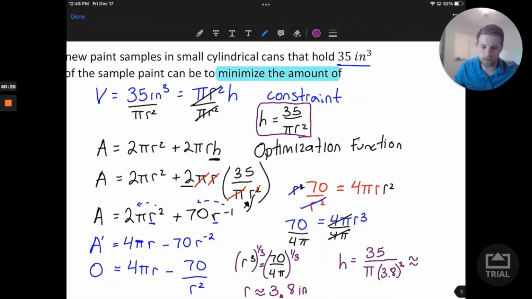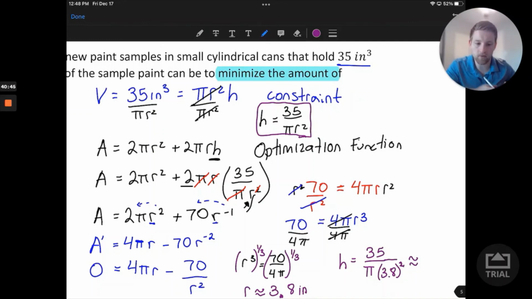If we look at that in our calculator, I'm going to confirm this one more time here. You can try this out in your calculator. We'll take our 35 divided by pi times 3.8 quantity squared. Make sure that you have a parenthesis around those two values as you square in the denominator.